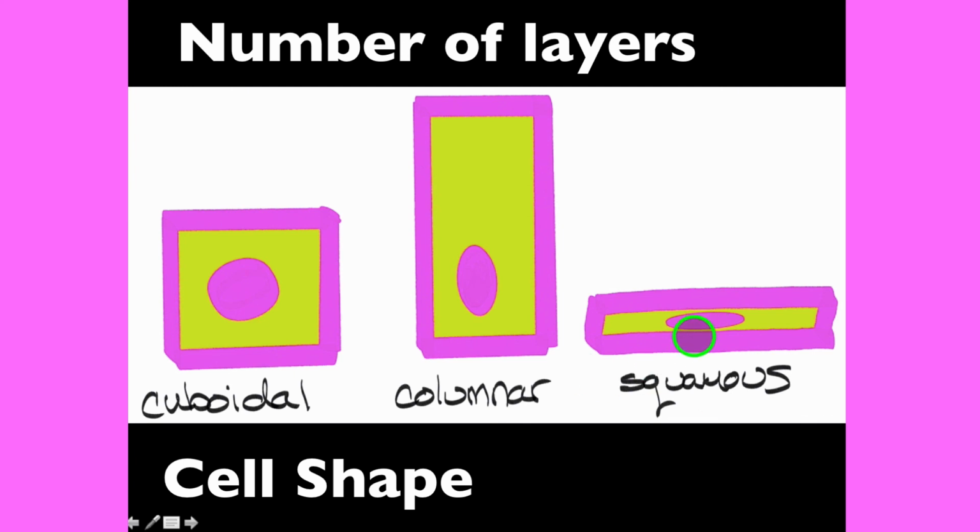And then the third shape is squamous, where these cells are squashed, if you will, with a flattened nuclei as such. So once again, epithelial tissue is named based on the cell shape and the number of layers of the epithelial tissue or of the cells.